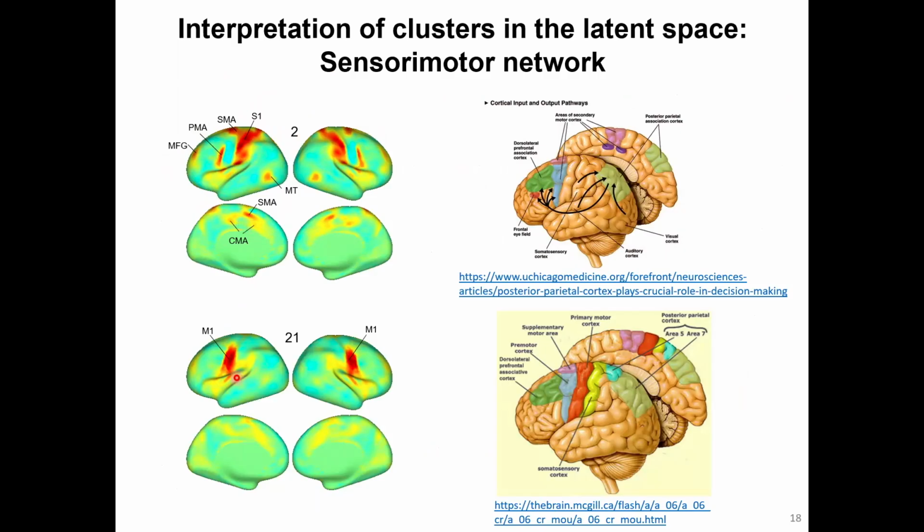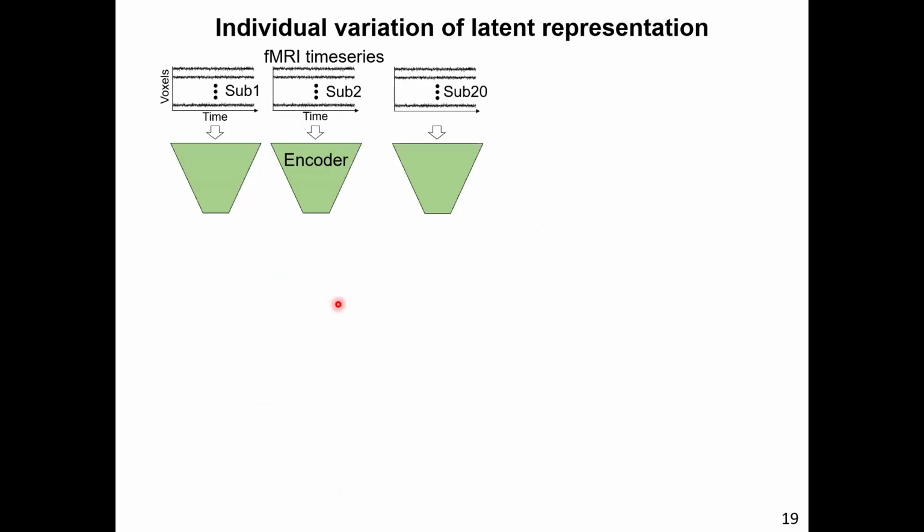And in addition, the primary motor area was separately presented as a different cluster. So far we only looked at these group-level features, but we also want to look at whether the VAE model can preserve individual information or individual variations.